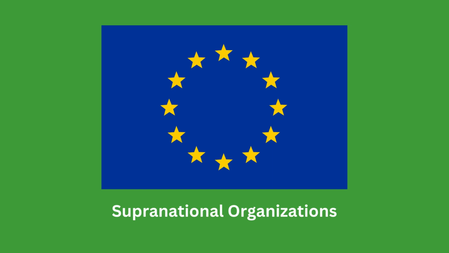These are also groups that tend to encourage cooperation amongst different nations. This has been one of the most important developments, at least over the past 2 decades, has been the growth of these international and supranational organizations.